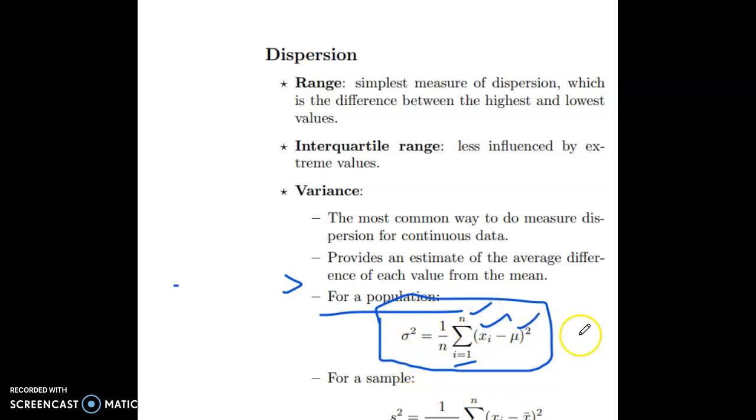This is the population. We average over the total n, and the summation runs from 1 to n.